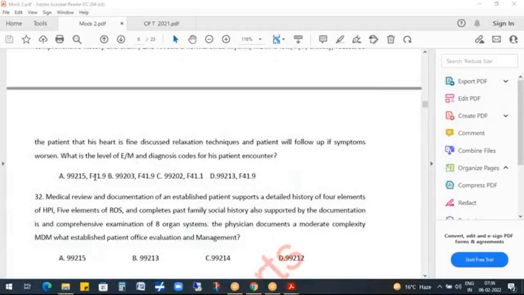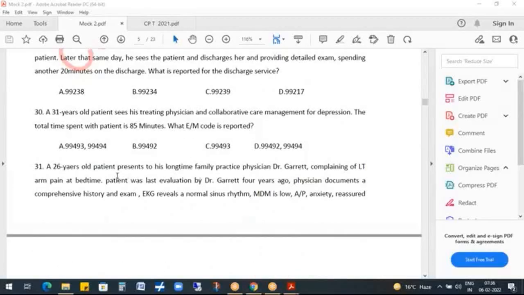Option A, established patient, new patient, established patient. A 26-year-old patient presents to his long-time family practice physician Garrett, complaining of left arm pain at bedtime. The patient was last evaluated by Garrett 4 years ago.